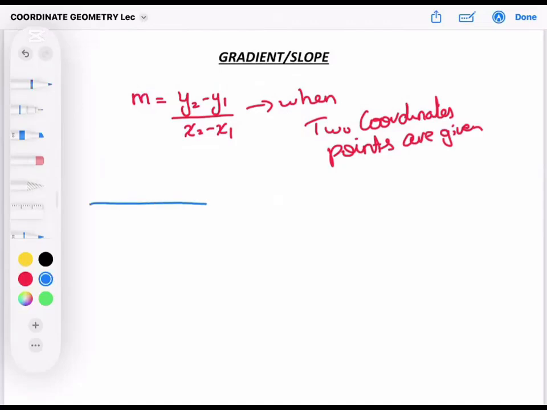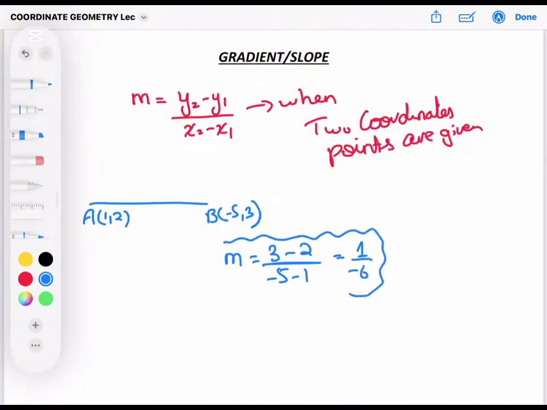For example, I have a line A is 1 comma 2 and B is minus 5 comma 3, and I have to find out the slope. So y2 minus y1, 3 minus 2, x2 minus x1. So 3 minus 2 will give me 1, and this is negative. So the final answer of slope is 1 upon minus 6. Okay, this is basically a slope.